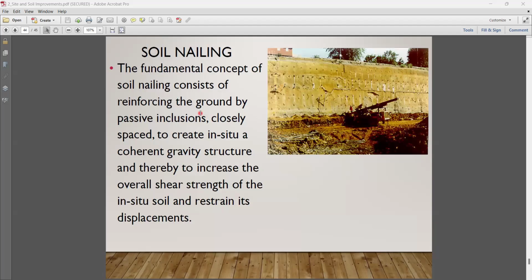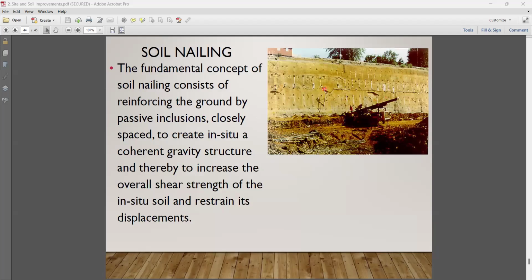Then another concept is soil nailing. This is widely used in Sri Lanka. Even when you're traveling on the highway, or if you go to Nuwara, that area, you will see a lot of sites where they have done soil nailing. It means if there's a collapse happening, we try to nail that soil. Nail means connect that soil, push that soil back into place.